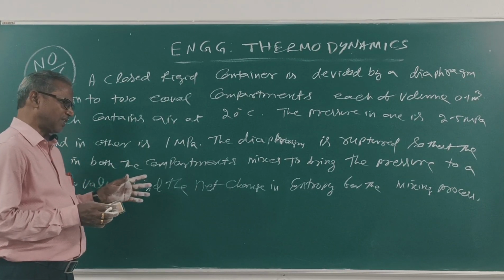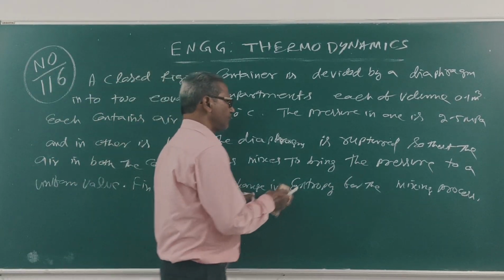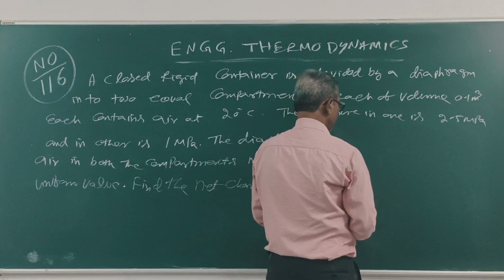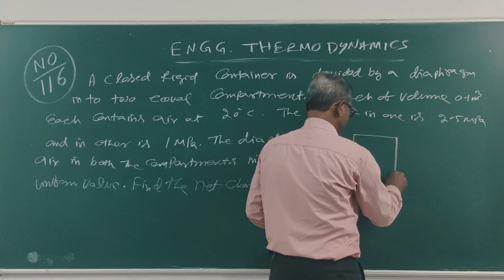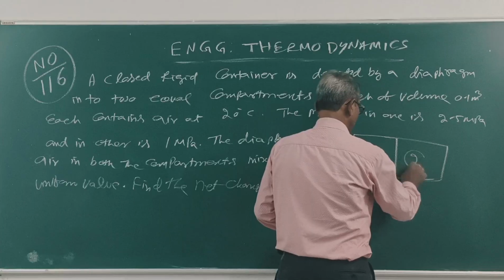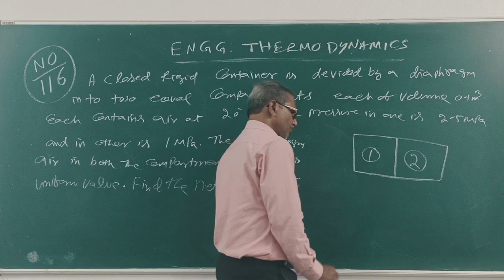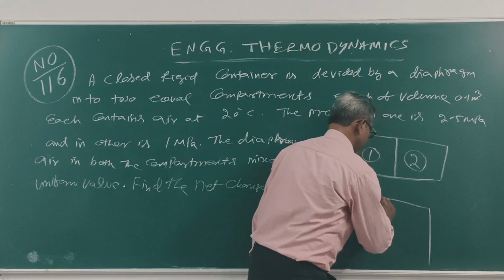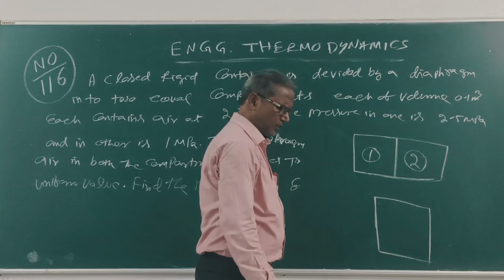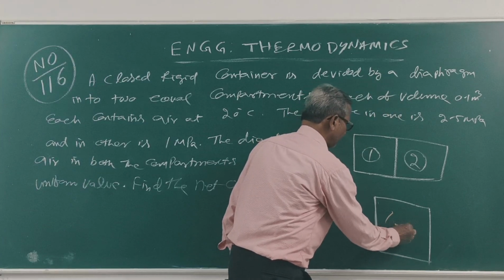Find the net change in entropy for the mixing process. Clear? So this is container 1, this is container 2, and this is the partition. Now the partition is removed, and both mix to a common pressure. So this is 1 plus 2.